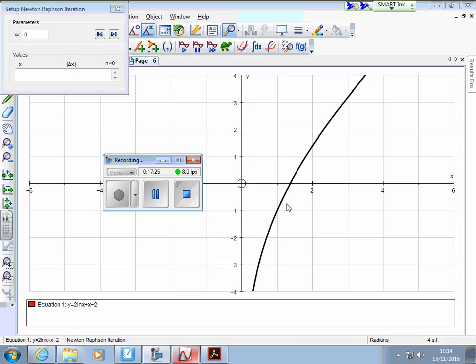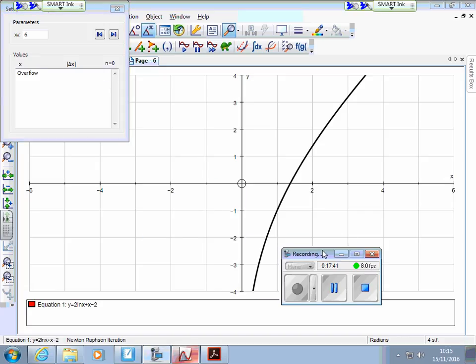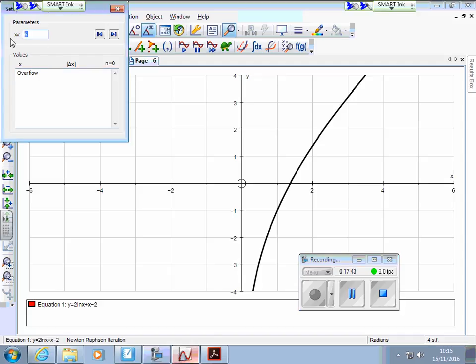So it's got to be positive, hasn't it? What about if we guess, what did you say, 6? Overflow. Even this doesn't like it. What about 3? 3's going to work. 1, 2, 3, 4. Same number, 4 iterations, from a guess at 3.